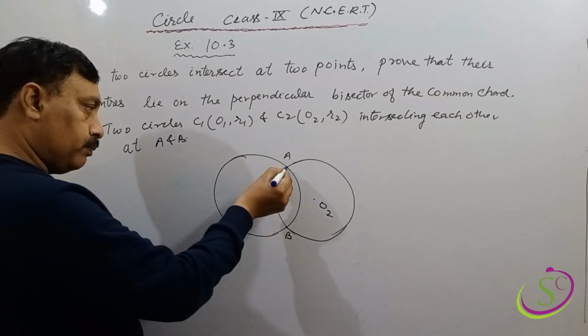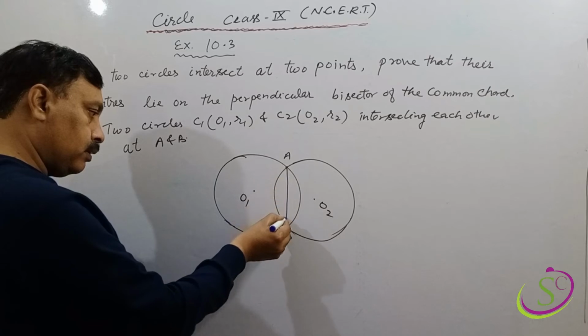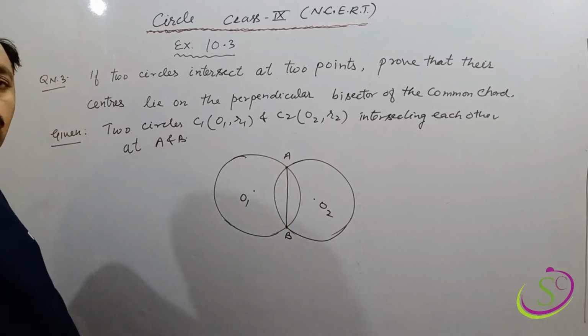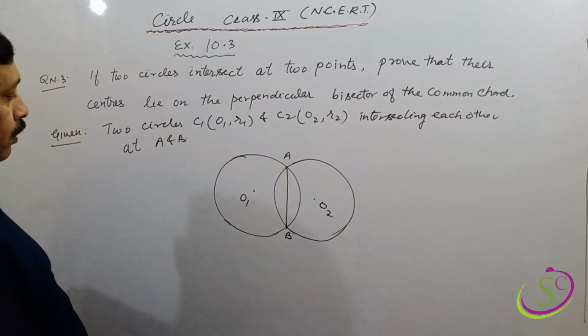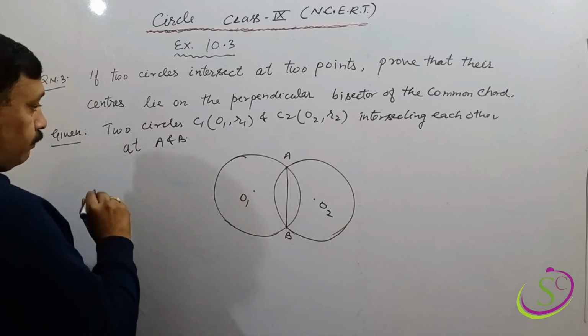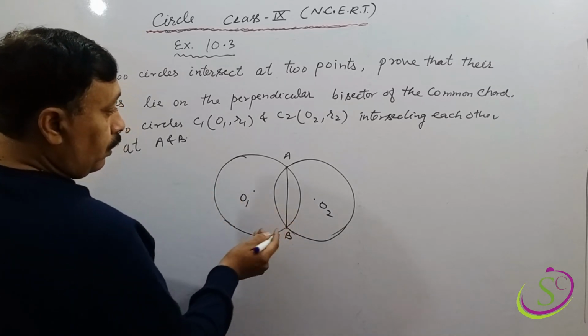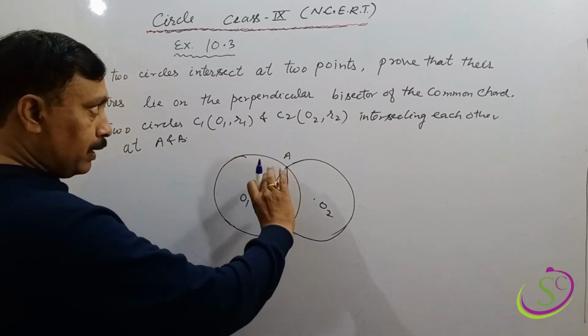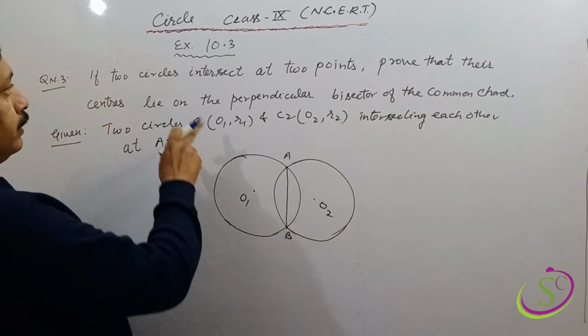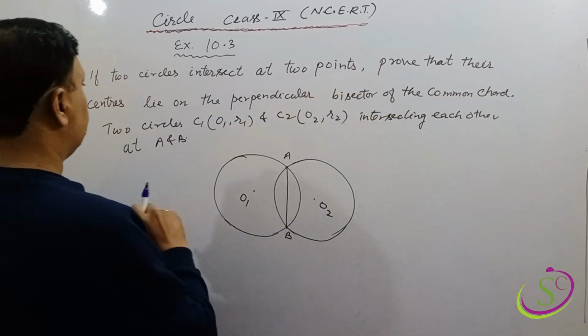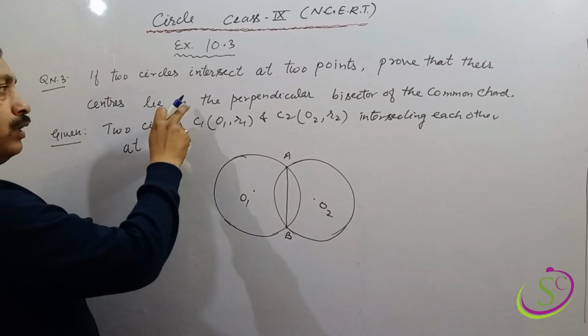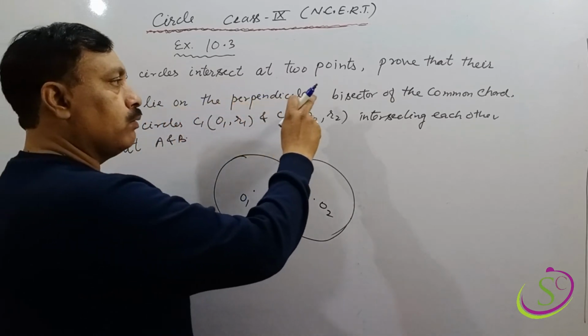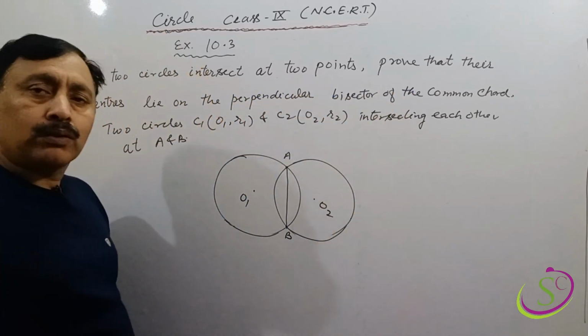After joining these two points, AB is the common chord of both the circles, and we have to prove that the centers lie on the perpendicular bisector of the common chord.